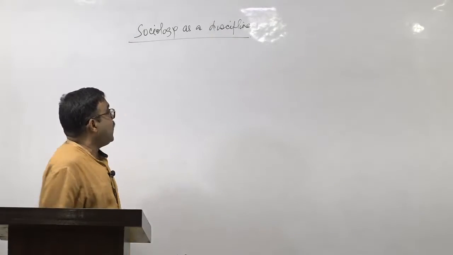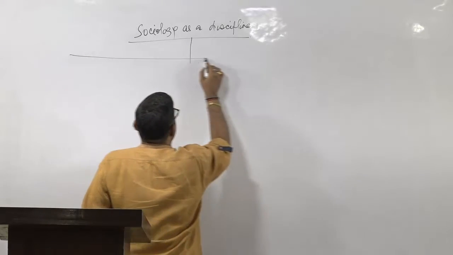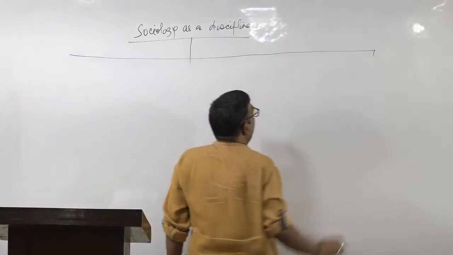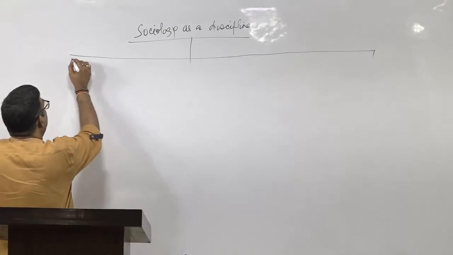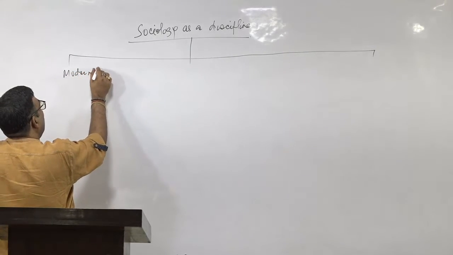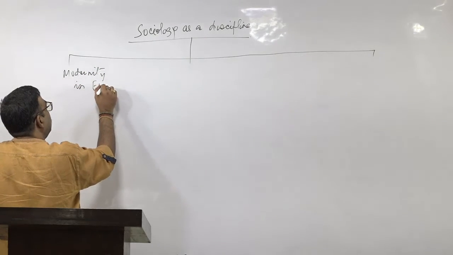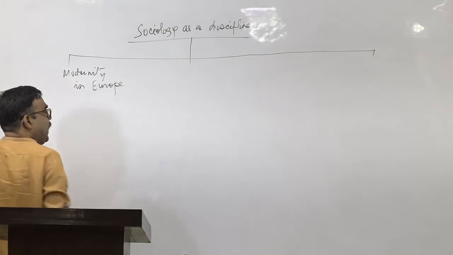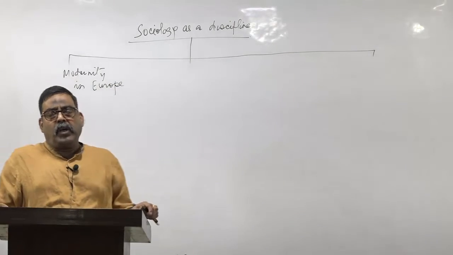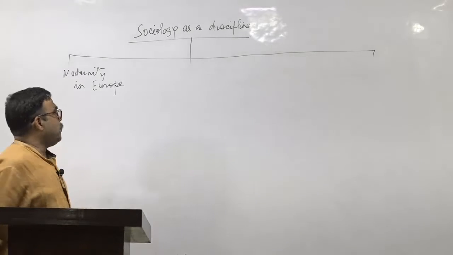Now let us look at the certain dimensions from there. We will open it up. Here we are talking about modernity in Europe. When we say Europe, we are more concerned with Western Europe, and the emergence of sociology.